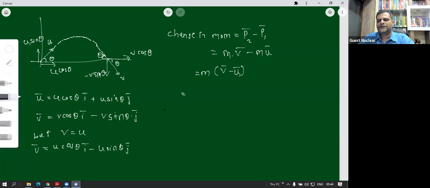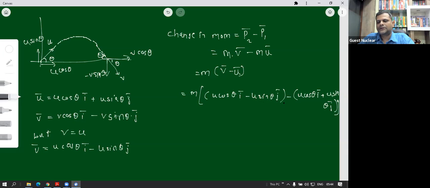So now if we just subtract this v bar and u bar here, in place of v bar what will come is u cos theta into i bar minus u sin theta into j bar. Minus u bar, in place of it will come u cos theta into i bar plus u sin theta into j bar. Correct?